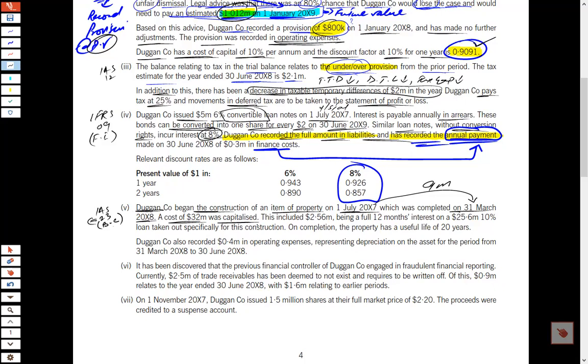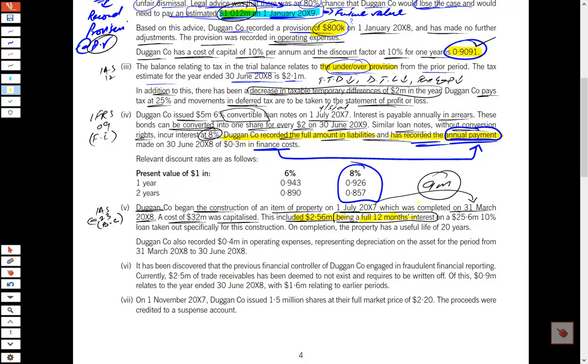A cost of 32 million was capitalized. This includes 2.56 being a full 12 months interest. By the way, if construction is effectively completed in a 9 months period, why are they adding 12 months interest to the cost of the asset? It is not as per the guidance of IAS 23.